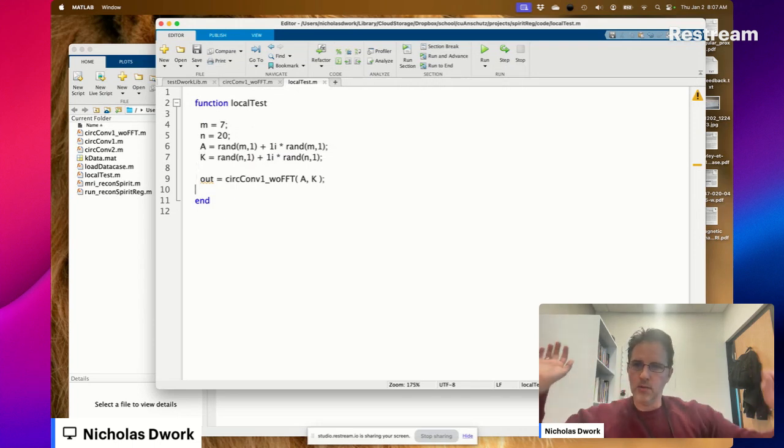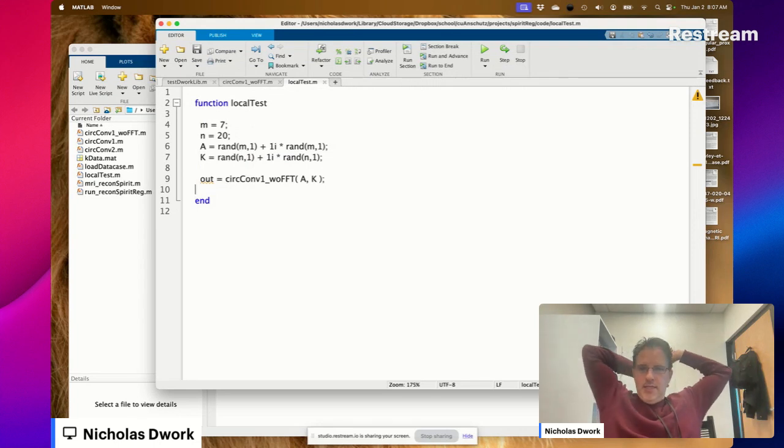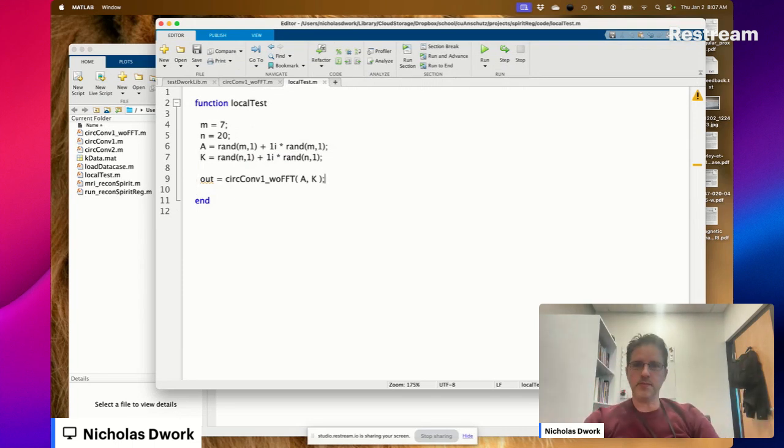Now, why did I do this? My contention, remember, was that circular convolution with k flipped is its own adjoint.